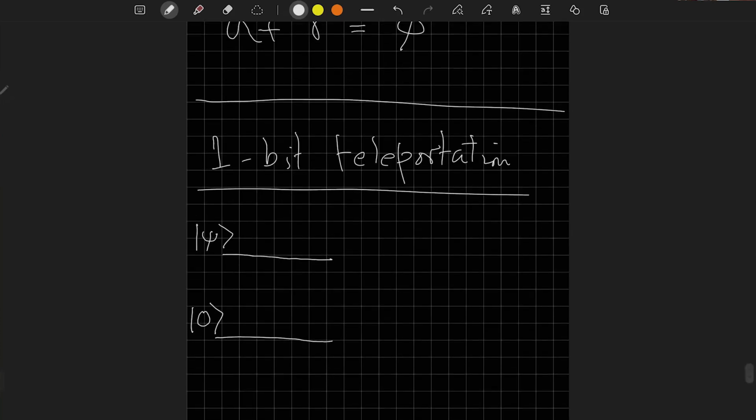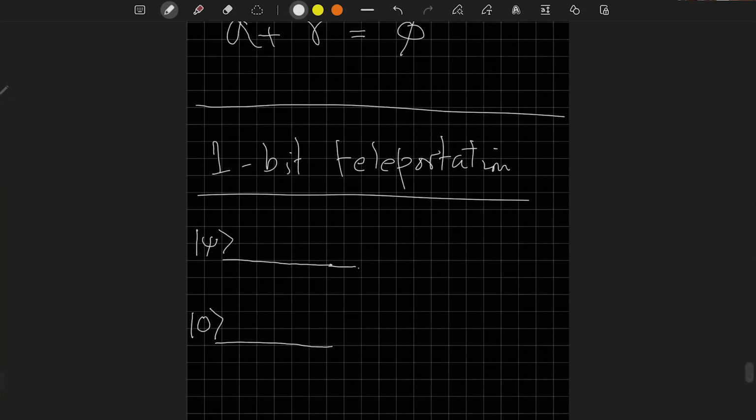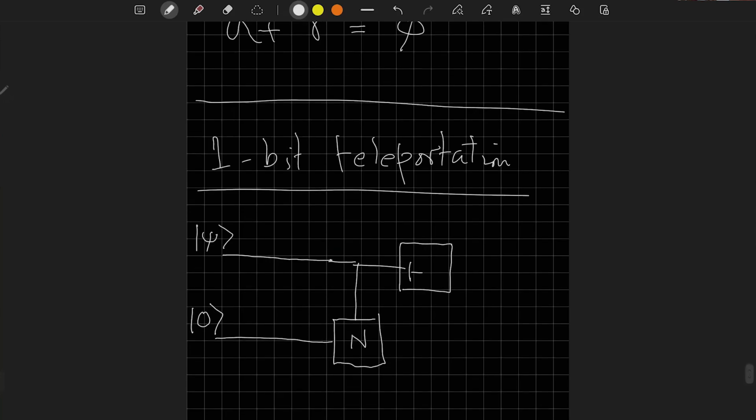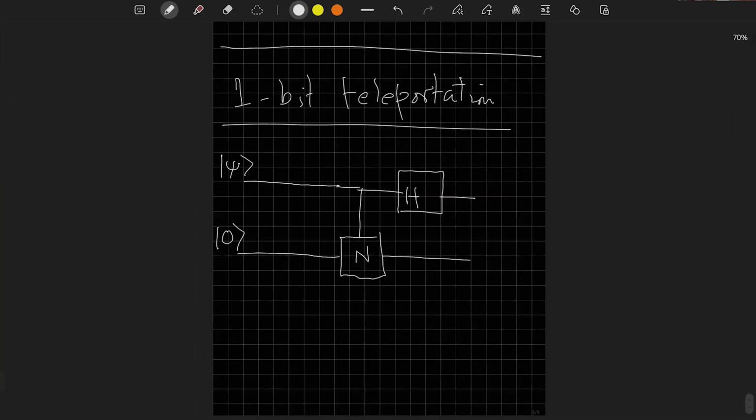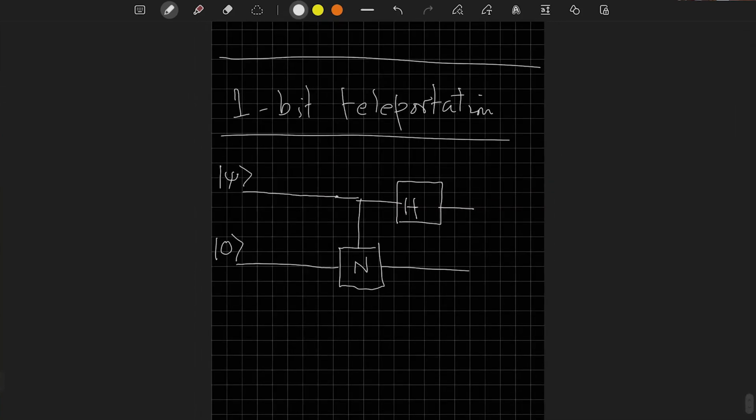Now what I do is apply the same circuit as I have for teleportation: a control NOT gate followed by a Hadamard. So this is similar to the teleportation circuit, but you're missing the EPR pair. Now let's see how this circuit evolves.